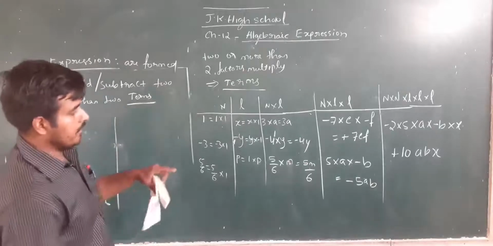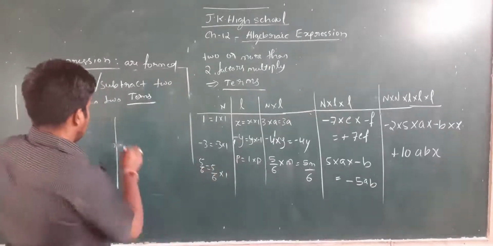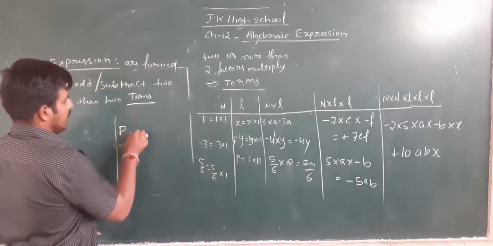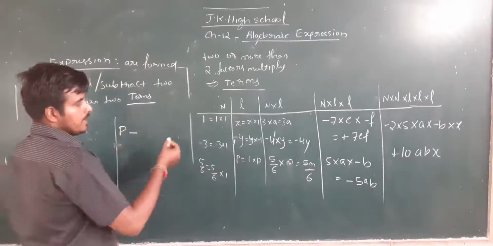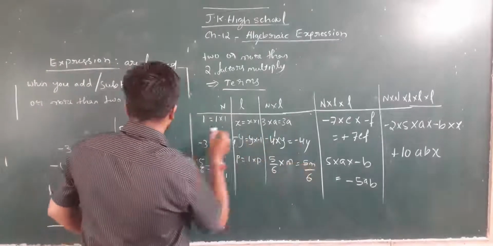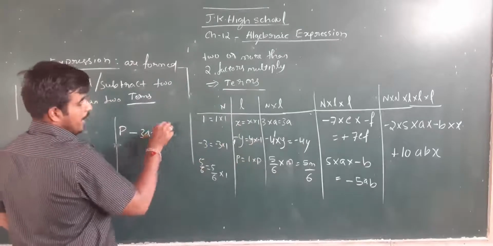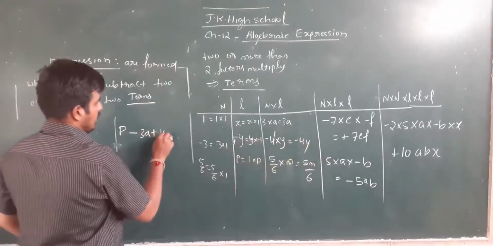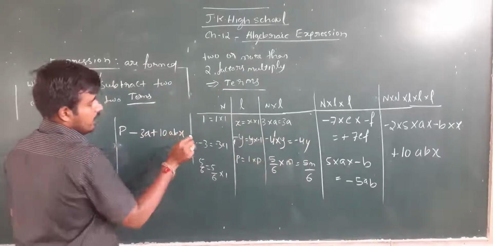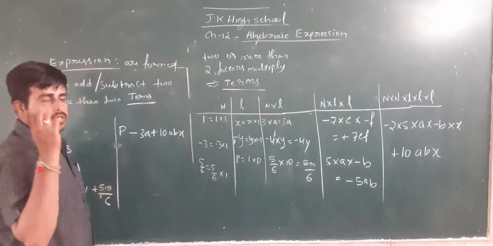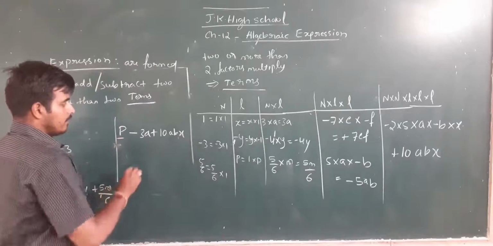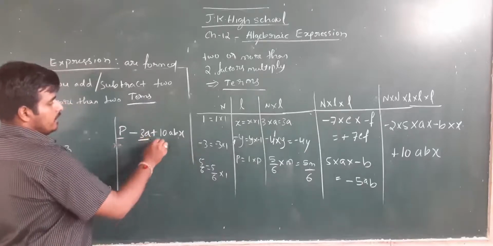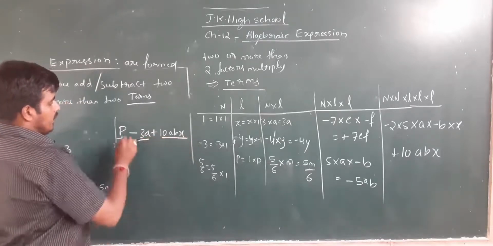Try to add 3. P minus, this time we subtract, P minus 3a. Now I will add plus 10abx. How many terms are there? Total 3 terms are there. P is one term, 3a is another term, 10abx is another term.